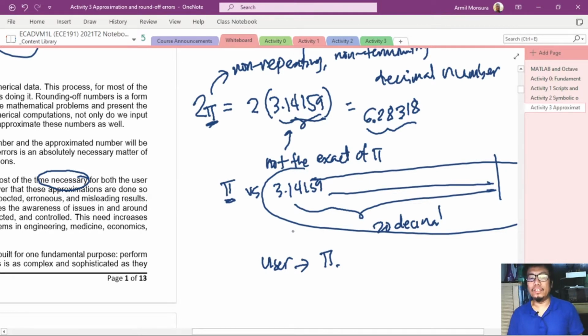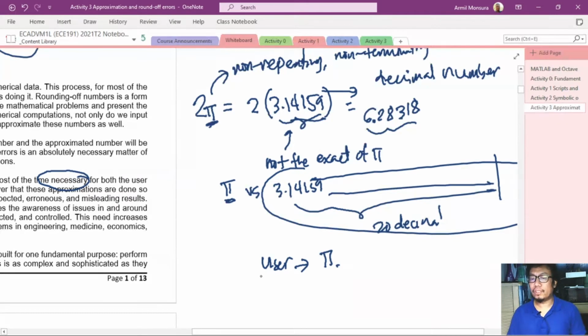But we know for a fact that it is much closer to the exact value than 3.14159. As you increase the number of decimal places, you go towards the exact value. You are approaching the exact value as you increase the number of decimal places here. So that's for the user part.